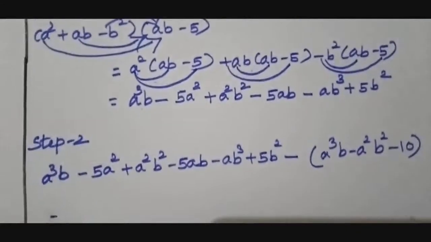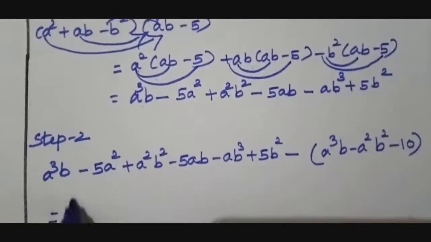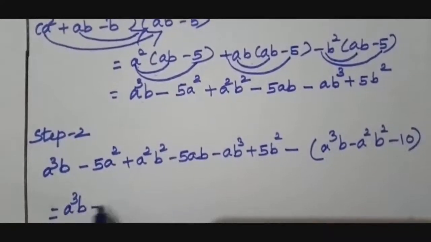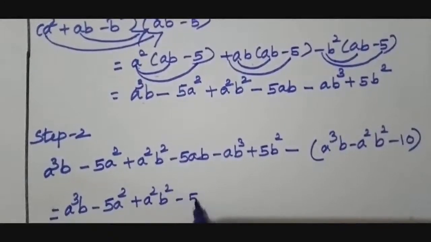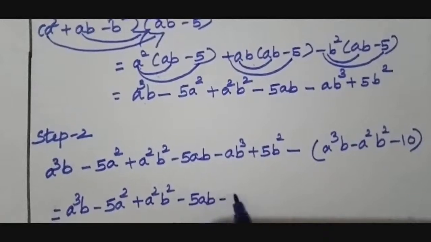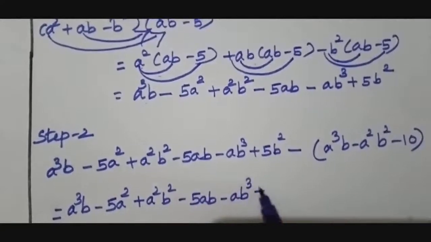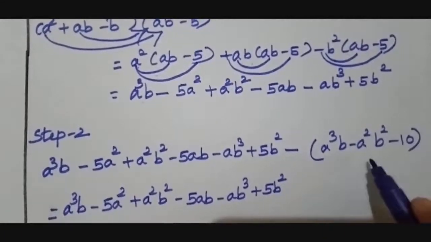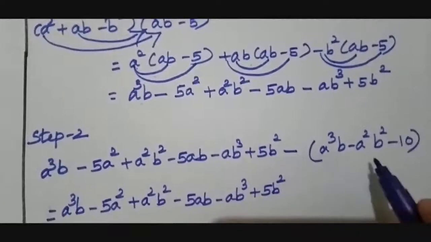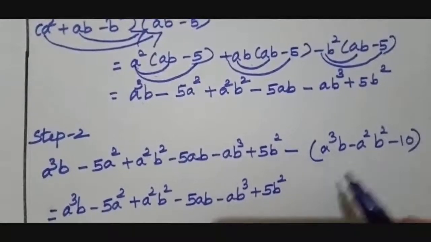Write the first expression as such: a cube b minus 5a square plus a square b square minus 5ab minus ab cube plus 5b square. Now you have to remove the bracket and bring the minus sign inside the expression.